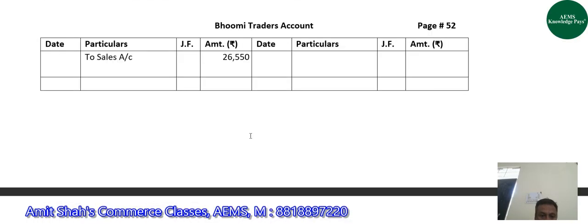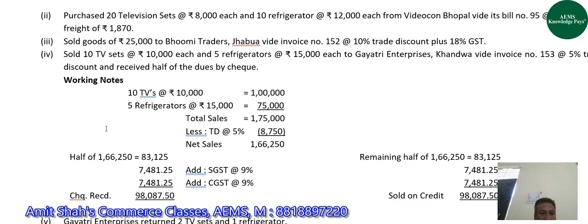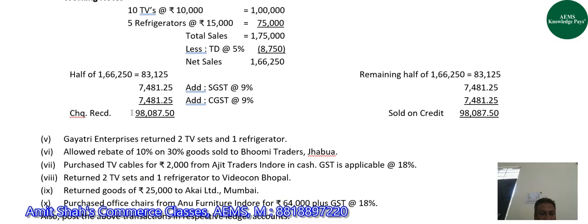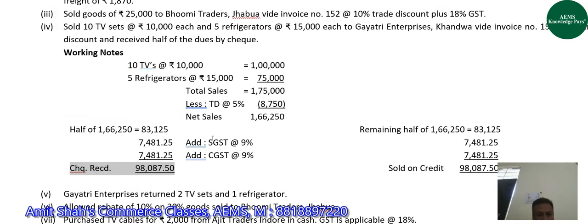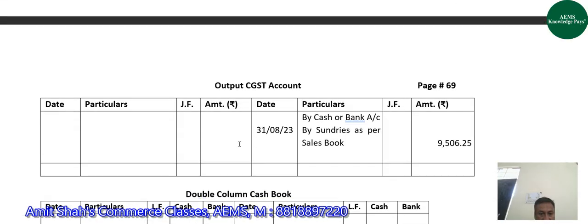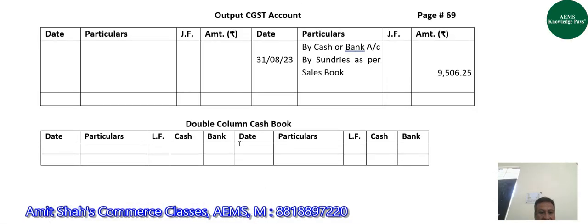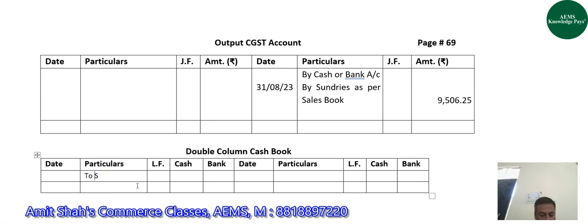Now the remaining part of this transaction where our business has received check, that would be journalized in cash book. So on the debit side of cash book, we will write to sales 83,125, right? I hope you're understanding this, guys. In bank column, why? Because we have received check.